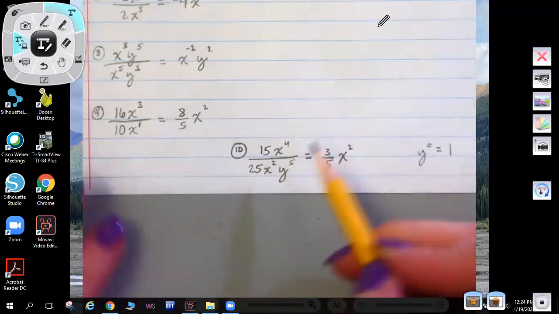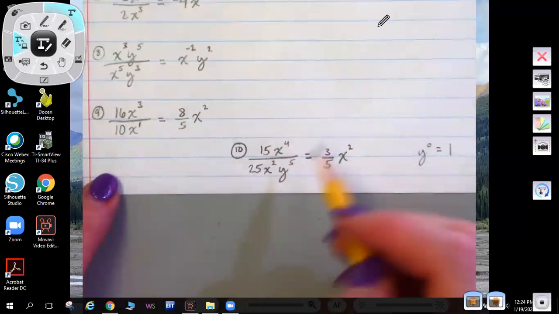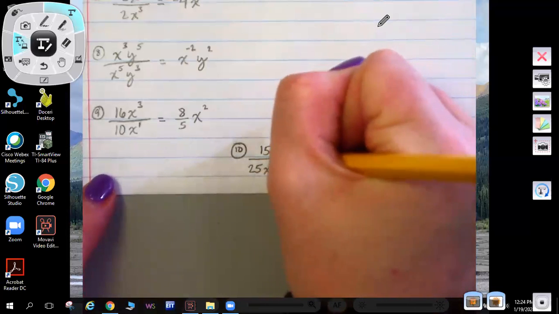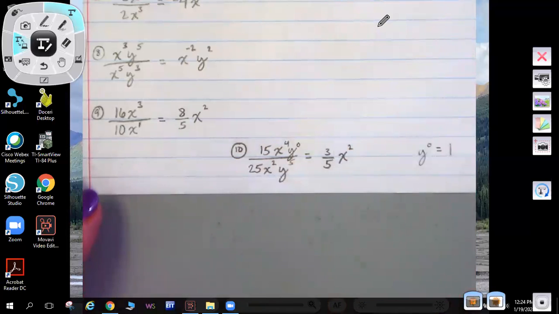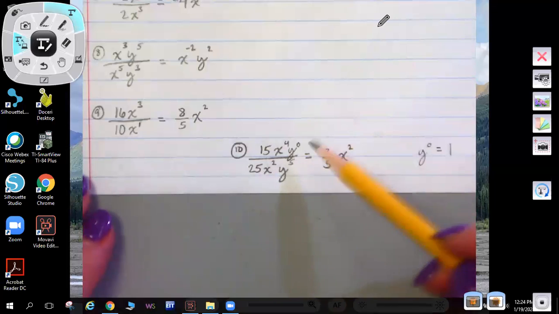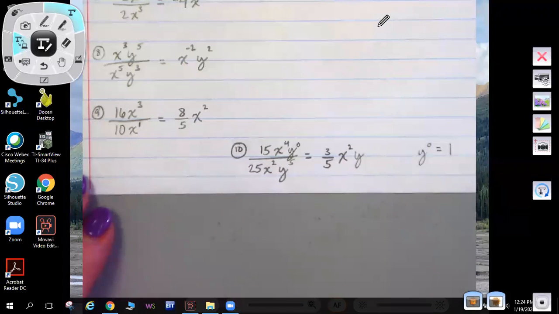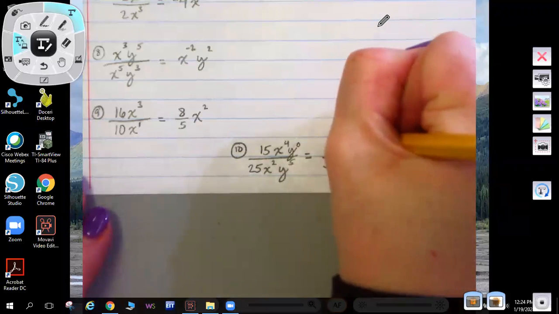So we're not going to change the value of this fraction if we just wrote in y to the 0 in the numerator. We're basically just multiplying that numerator by 1, which doesn't change anything. So we're allowed to do that. And now we can see when we divide the y terms and subtract the exponents, 0 minus 5 is -5.